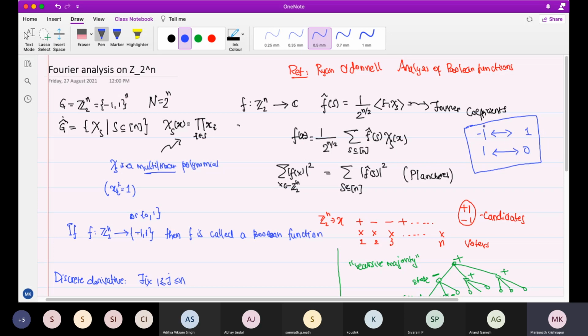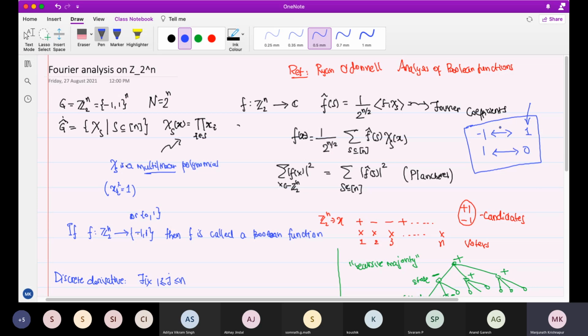Okay. So AND of x means it is 1 if the xi's are all equal to 1. That's all. Right. And OR of x is 1 if even one xi equals 1, and 0 otherwise.